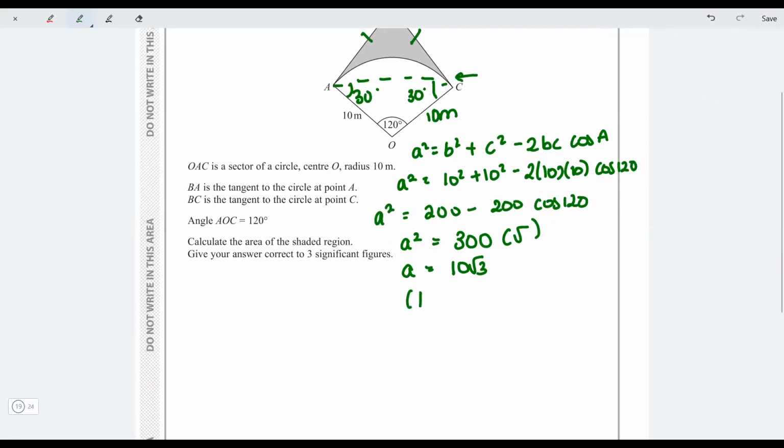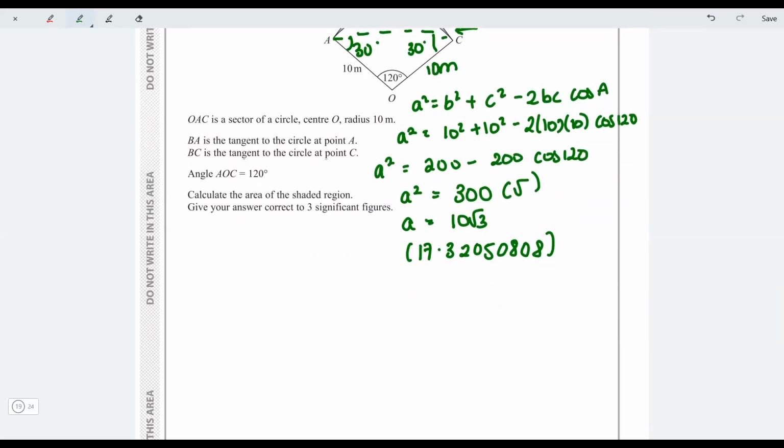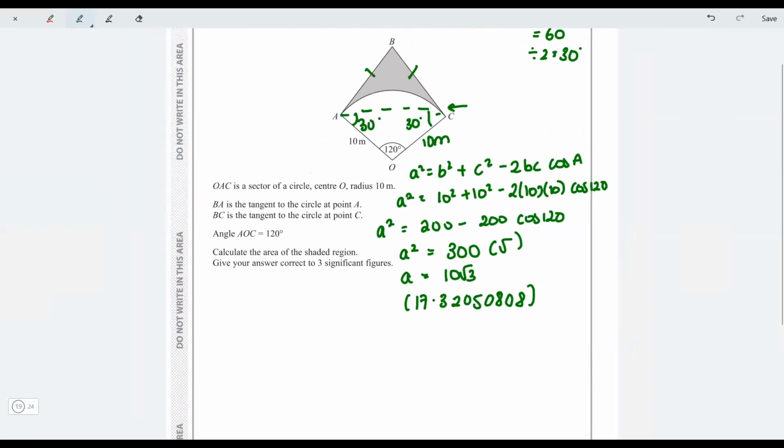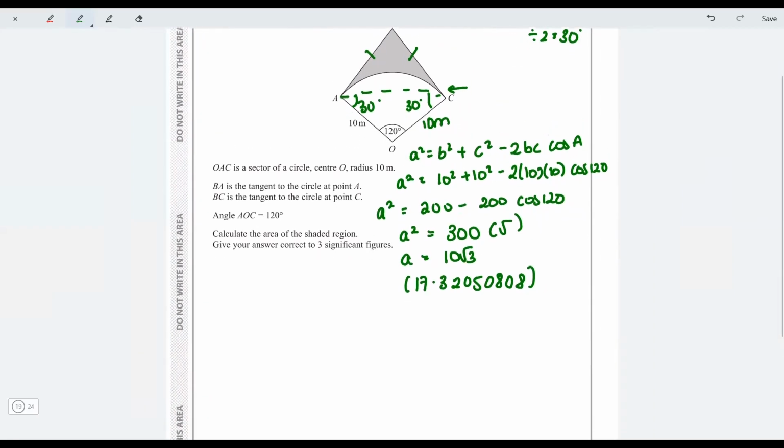So I actually get 17.320500808. Okay, so let's have a look then. We've worked out that bit, which is 10 root 3. I'm just going to write that down. And is there anything else that I can do? Yes, there is.